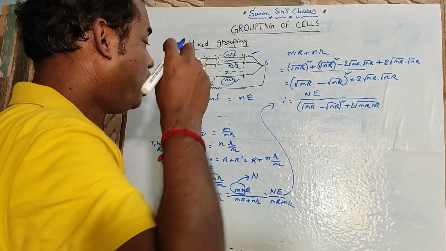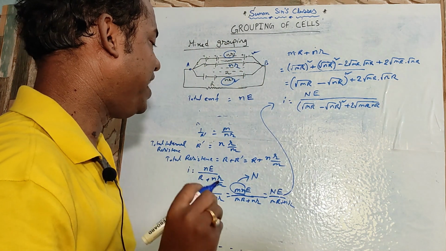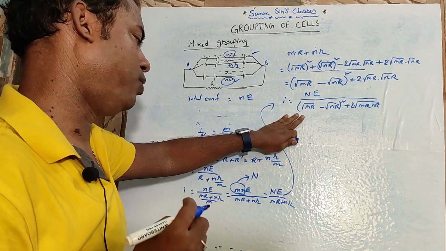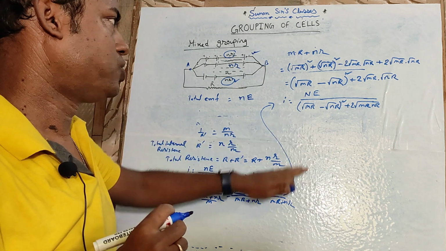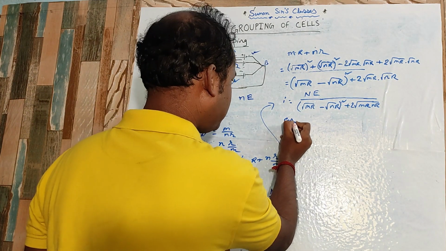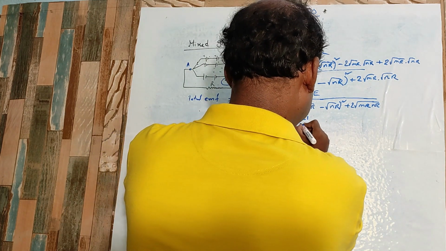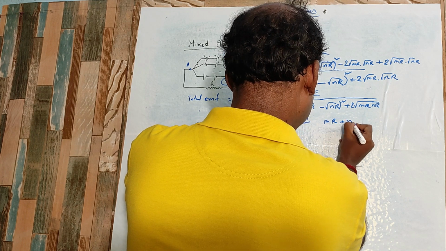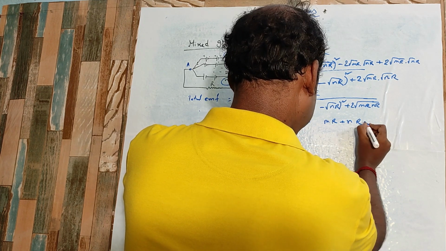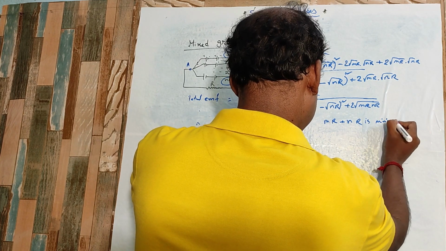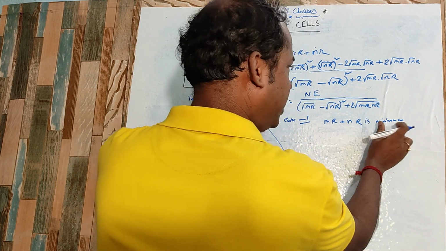Now two cases arise in this case, when MR plus NR is maximum or minimum. So case 1: when MR plus NR is minimum.